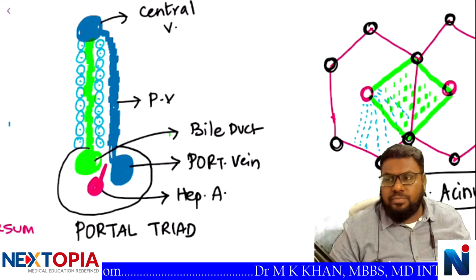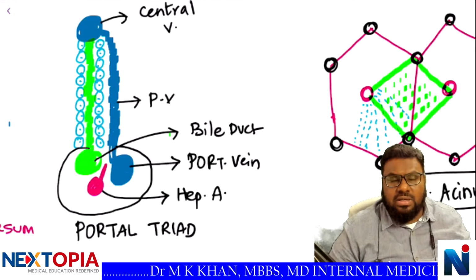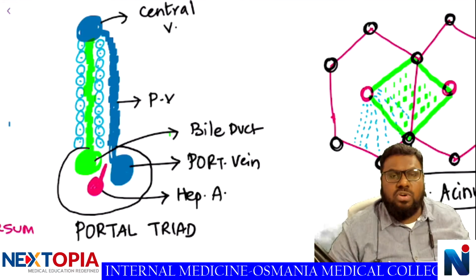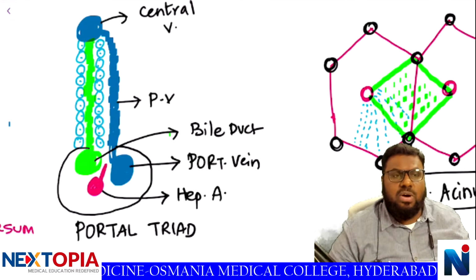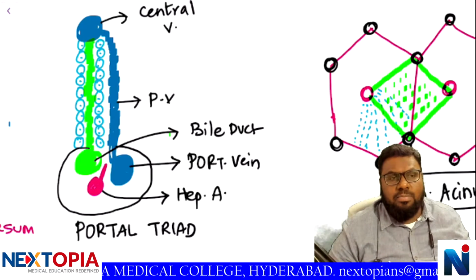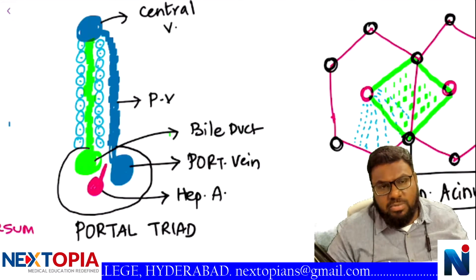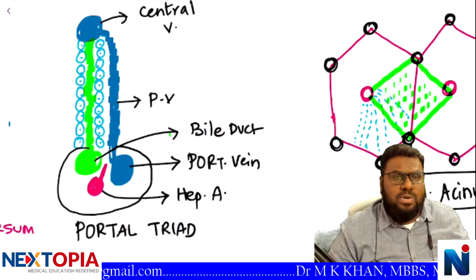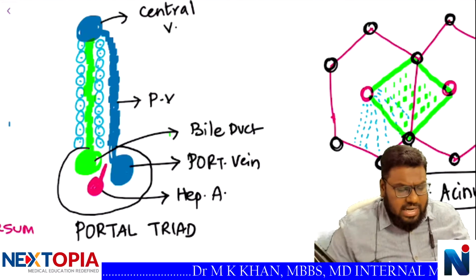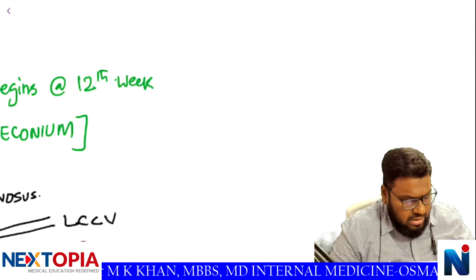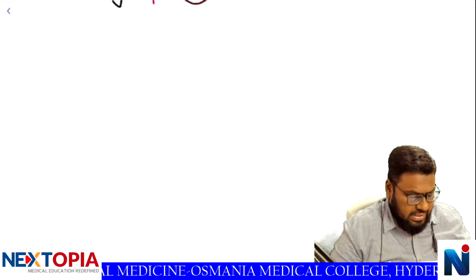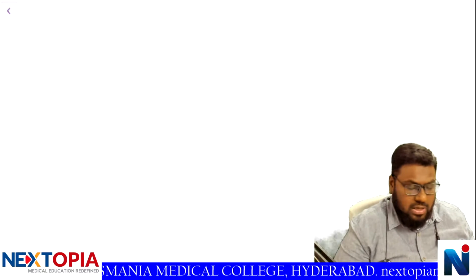The right and left bile ducts will join to form cystic duct, and cystic duct joins to form a gallbladder. Gallbladder parts and all we'll discuss in anatomy of the gallbladder and histology of the gallbladder. Right now in the development human embryology, this point is more than enough, that gallbladder is formed from the cystic duct, right? Sorry, pars cystica.